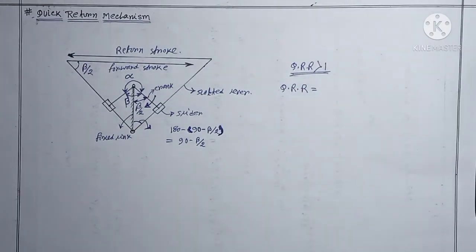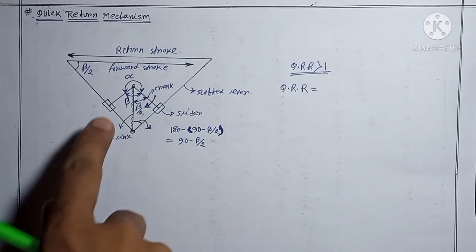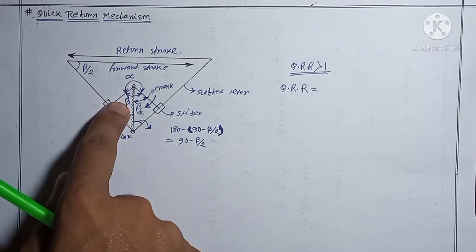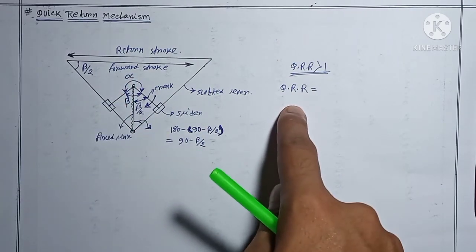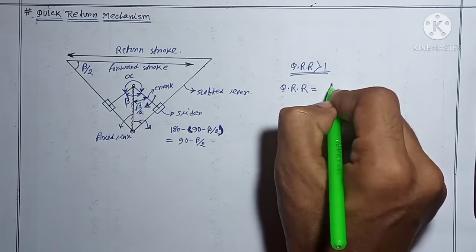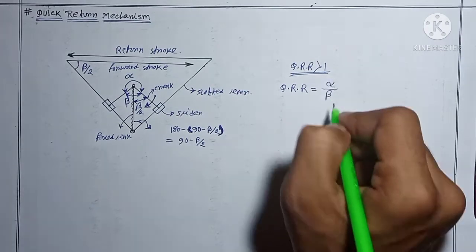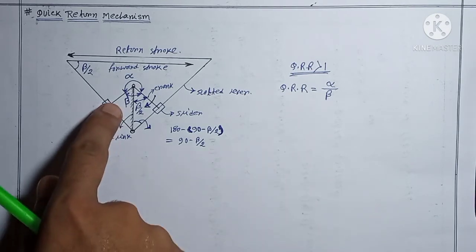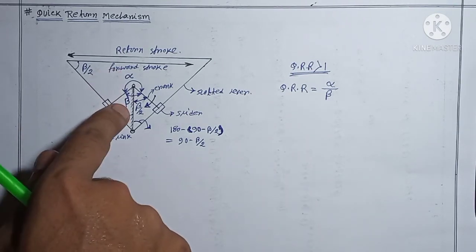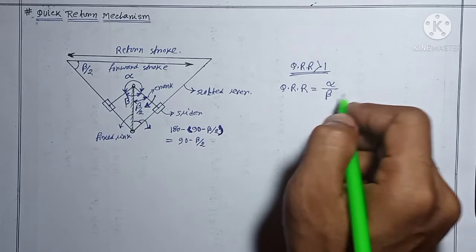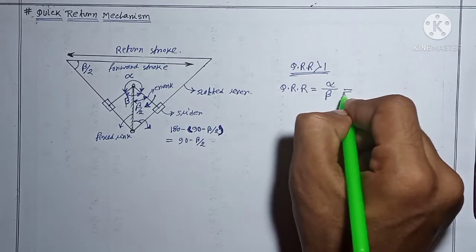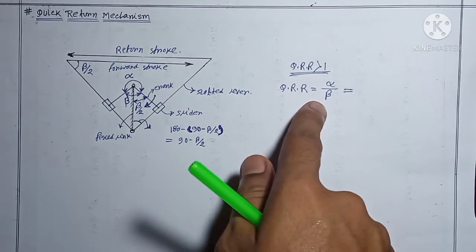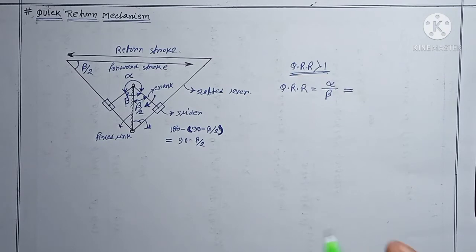In terms of angles, what will the quick return ratio be? Alpha is greater than beta, so alpha by beta will be the quick return ratio. But in most questions both are not given, only one is given.